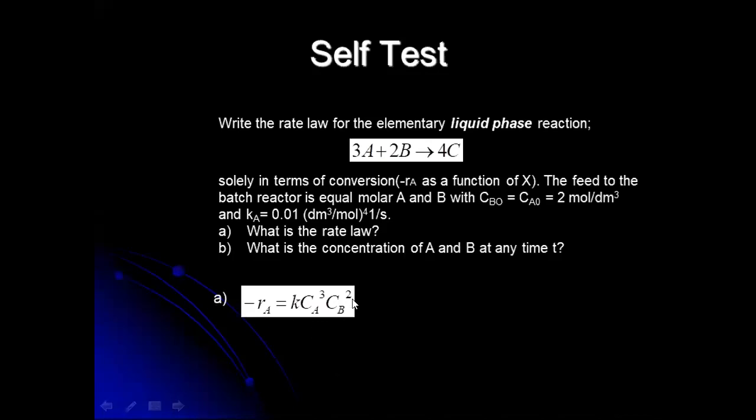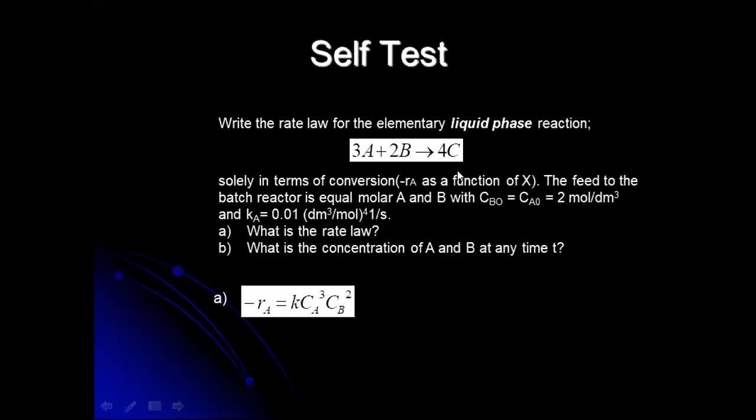I have already answered your rate law, so there's no need for me to use the whiteboard. It will be something like this. Your rate law will be the rate constant K times the concentrations of the reacting species raised to their corresponding coefficients in the provided chemical reaction or stoichiometric equation. Chemical reaction or stoichiometric equation, they mean the same.